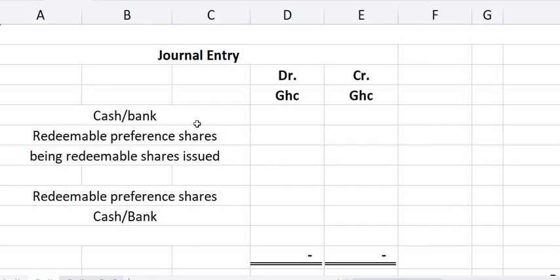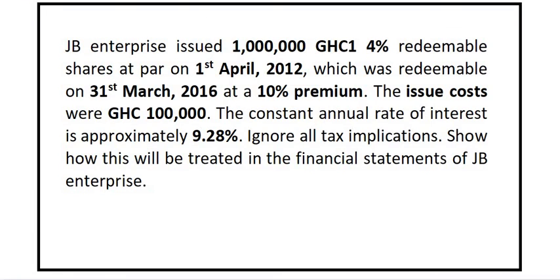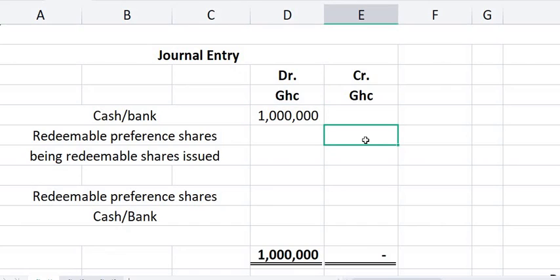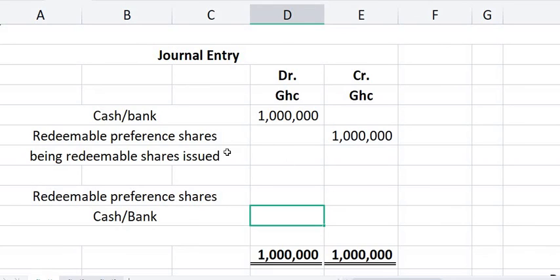So we debit cash with the fair value and credit redeemable shares with the fair value. The par value or nominal value is 1 million. So we debit cash 1 million and credit redeemable preference shares 1 million, being redeemable shares issued.